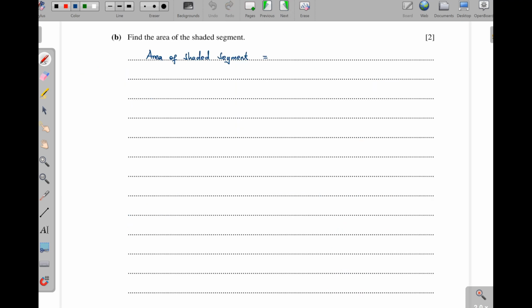So that will be area of sector minus area of triangle. And this one is going to be a half r squared theta. This one is going to be a half r squared, then sine of theta.